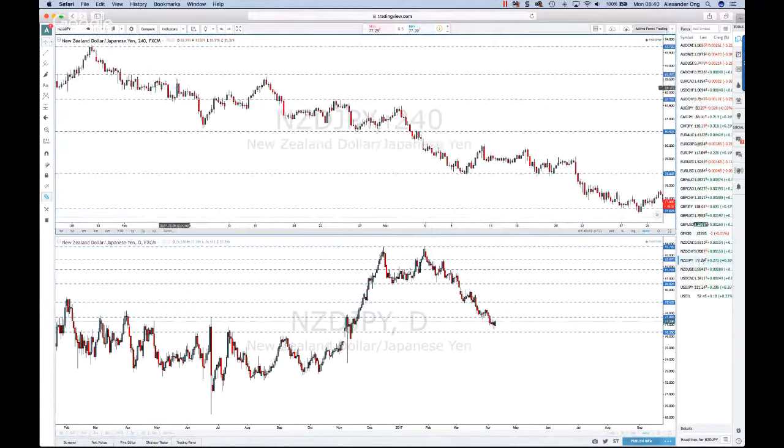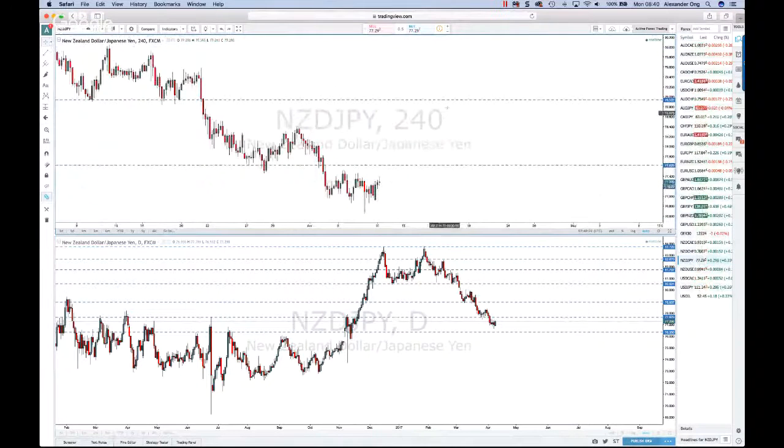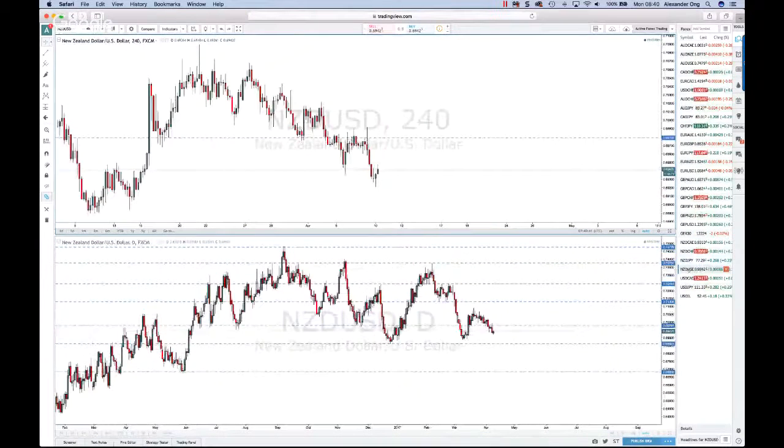So, you know, it's gone through this one here, this one here, this one here, and now this one here. So I think buying this for a very quick 100 pip-ish move, a little bit less than that, is probably the order of the day in the New Zealand yen. And then the downtrend will continue.